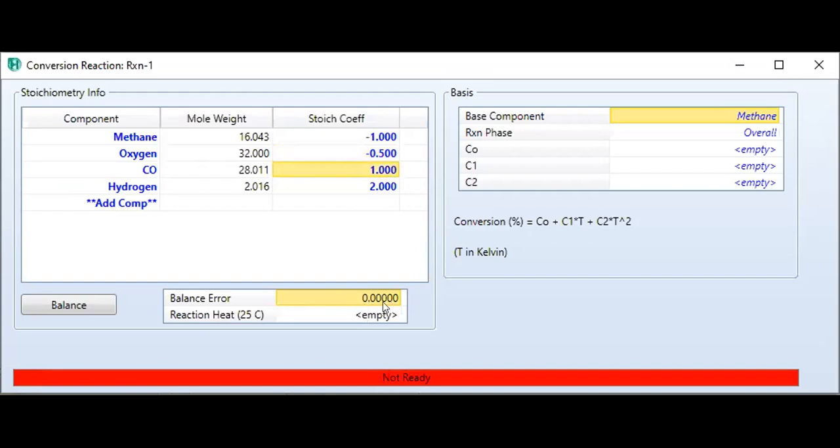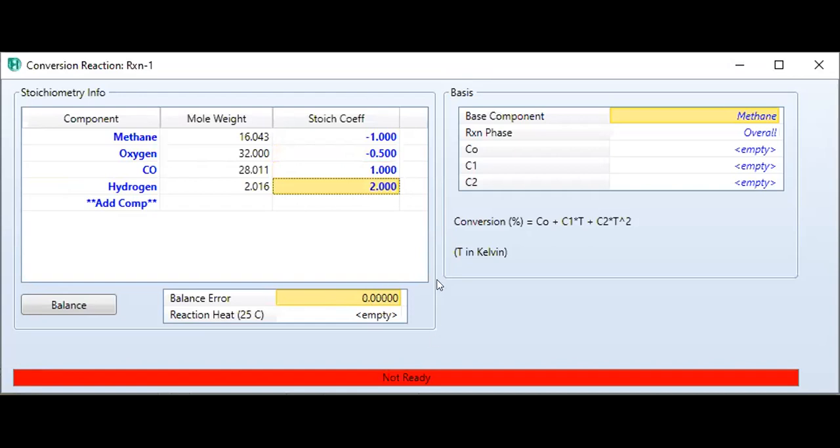Let's say by mistake we have entered 2 instead of 1. Let's see what happens. See, the balance error is around 28%, because we have not entered correctly. So this is basically the check that you can perform to see whether you have entered all the stoichiometric coefficients correctly or not.